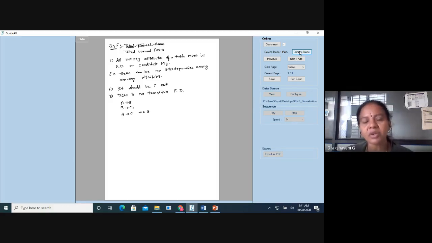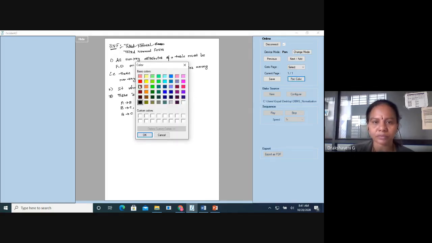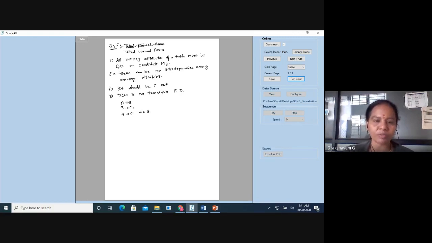So what does third normal form say to us? All non-key attributes of a table must be functionally dependent on the candidate key. What does that mean?